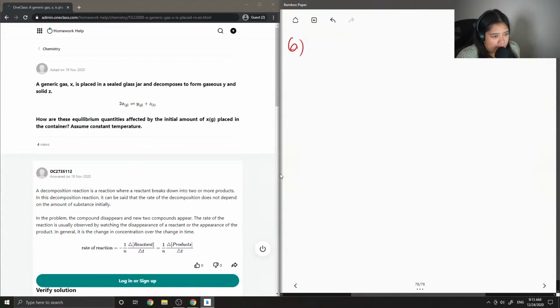So let me write down this as well. 2X as a gas decomposes and forms Y plus Z. How are these equilibrium quantities affected by the initial amount of X placed in the container? Assume constant temperature.